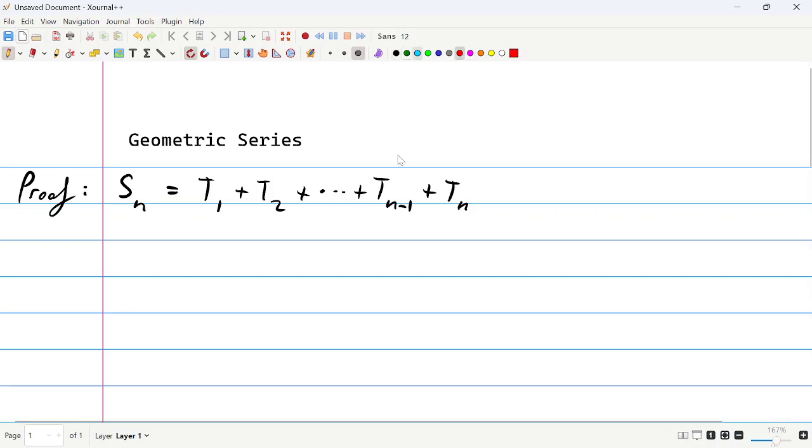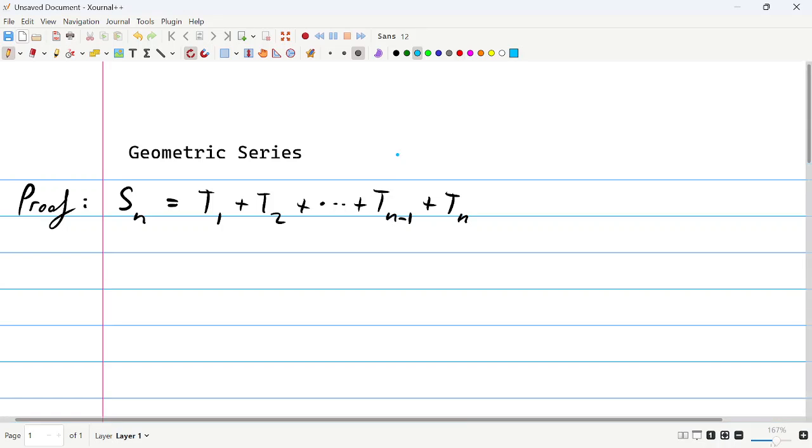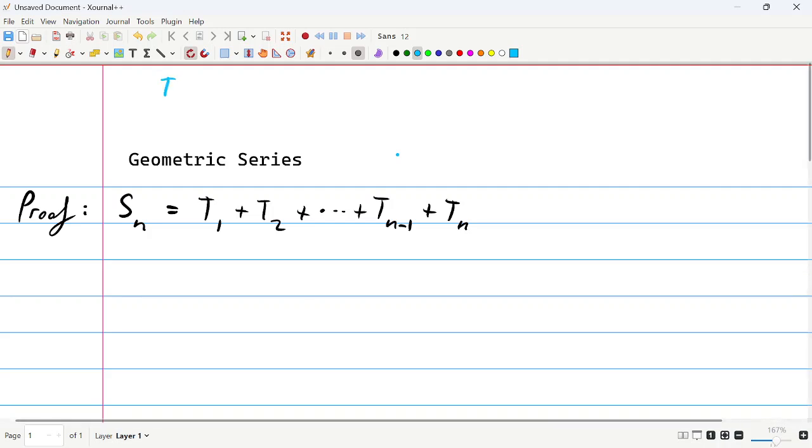And my question to you is, with geometric, what is it going to be? Because we clearly know that term 1 in geometric is just going to be A. But then term 2 is going to be A multiplied by R. And then term 3 is just going to be equal to A times R squared.